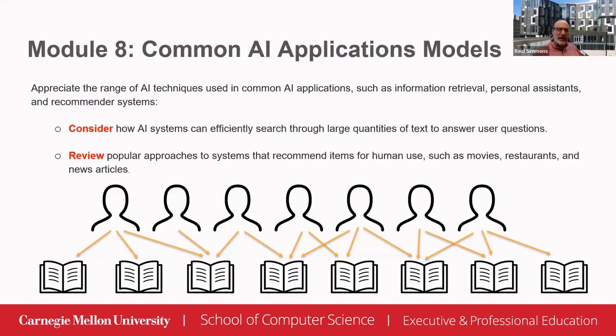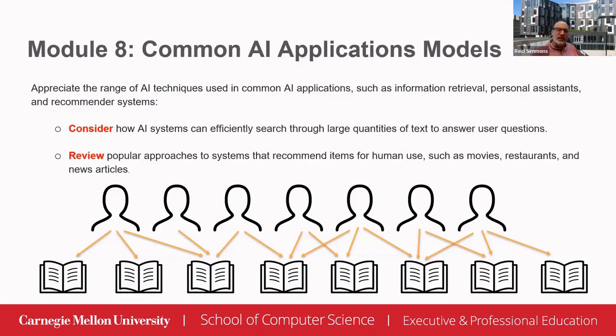We'll learn about a technique, TF-IDF, that looks at the occurrence of words in a document and the occurrence of words in all documents to come up with a measure that finds documents that have words that appear mostly in that document and not very frequently in other documents. And so these are techniques that Google uses in order to find pages for you when you put in search terms. We'll also talk about recommender systems.